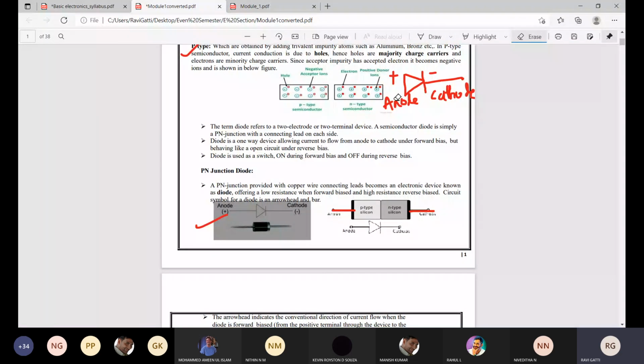Before we go for the next one, please make a note of this diode symbol. Once it is over, you should inform me so that we will go for the next one.